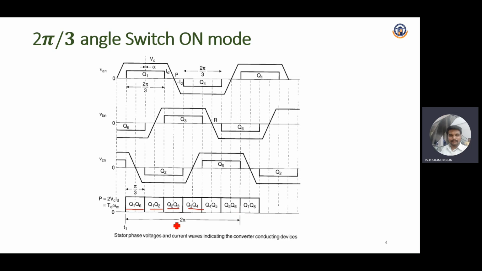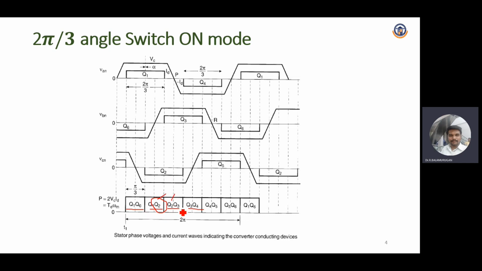1 cycle is from 0 to 360 degree. So for every cycle, we will give the gate pulse to every switch, and one switch will be turned off. One switch will be conducting and one switch will be turned off. You can see here Q1 will be given the gating sequence, and Q2 will be given the gating sequence in the second interval, and it will be connected for 2 intervals.